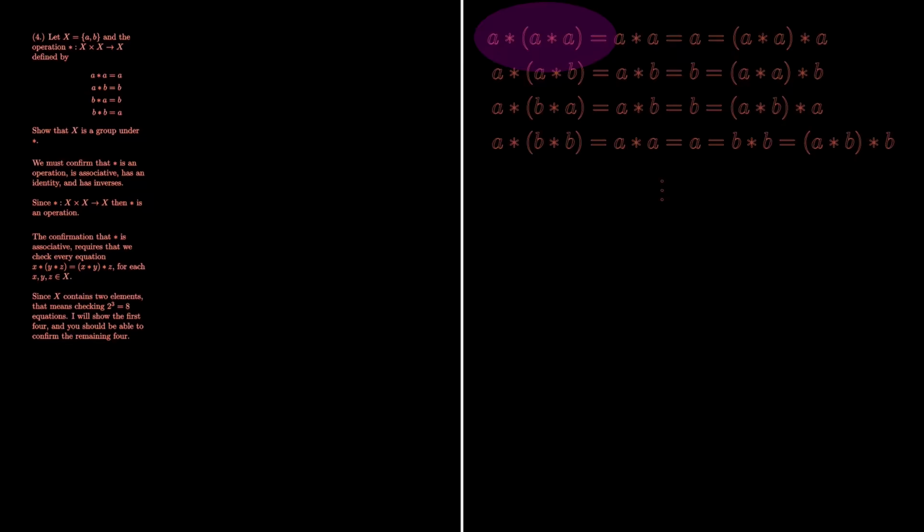So let's start with this first line where I have a star (a star a), and we need to compute that. Now, the parentheses tell us that we have to start by computing the (a star a). The parens indicate that order must come first. And when you look in the list of all the equations, you see that a star a computes to a.